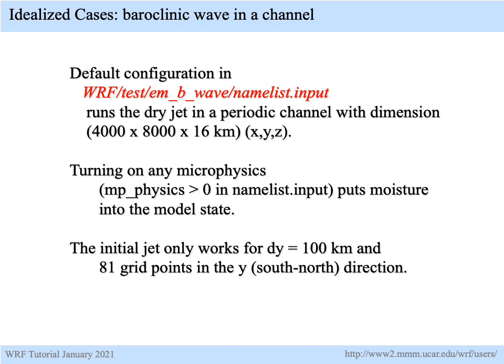If you want to use other configurations of that test case, some researchers have in the past developed initialization code for other jets that can be used with WRF, for example, using different potential vorticity structure in that unstable jet. And so if you want to do other initialized jets, you can either build the initialization code yourself, or you can ask us who you might contact to find code that other researchers might be willing to share with you for doing this inside of WRF.